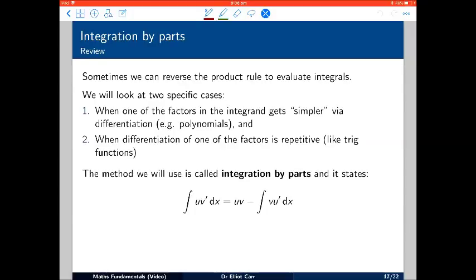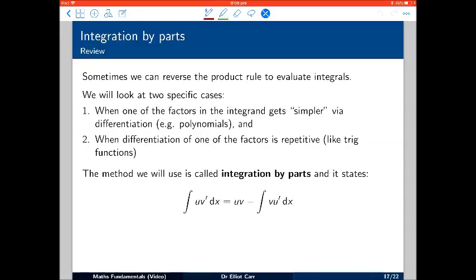Okay, so a very important part of EGB242 is integrating by parts. Integration by parts is basically a method for integrating a product of two functions.